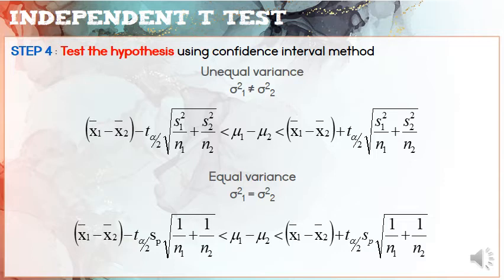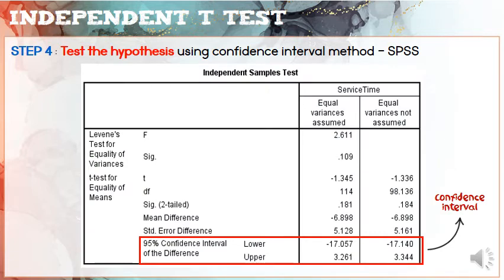We can test the hypothesis using confidence interval method juga, for unequal variance and equal variance. This is the formula that will be given in your final exam. And this is the confidence interval from your SPSS output. Please make sure that you take note, alert dengan berapa persen confidence interval yang dipakai.